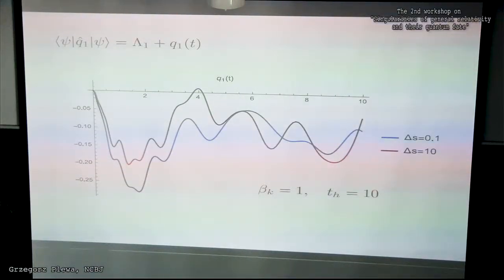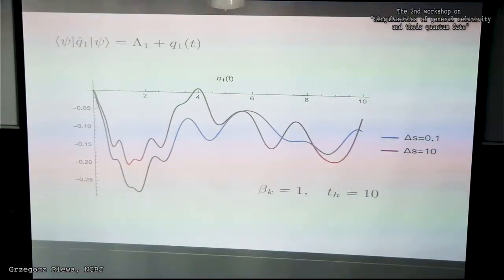And finally, this is an example result illustrating the function Q1. And as we see, what is interesting, the function oscillates, and this can be visible for various parameters, delta s and delta equals 10 and 1, 0.1.